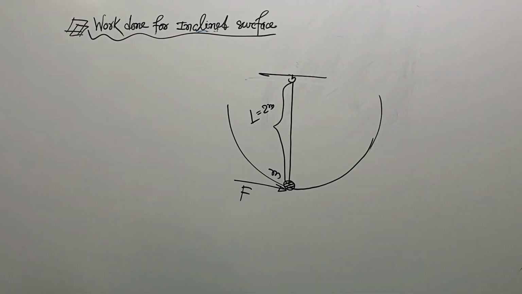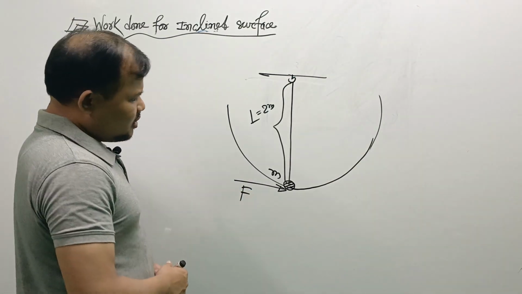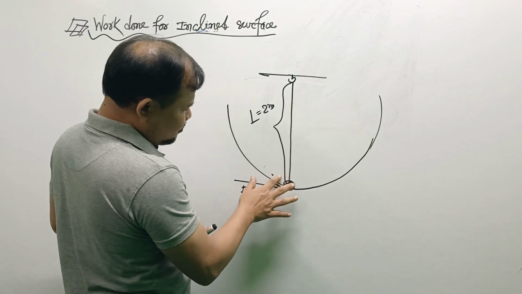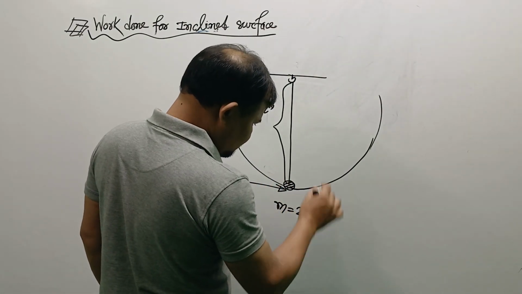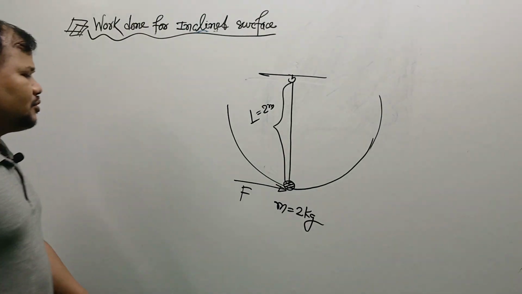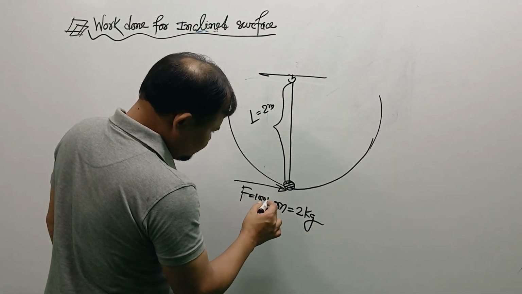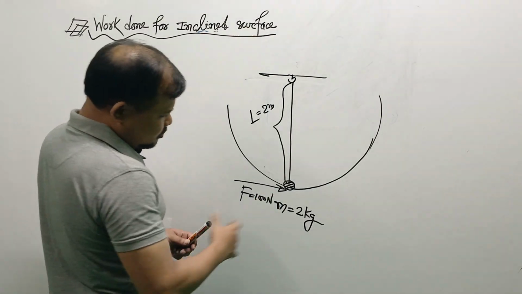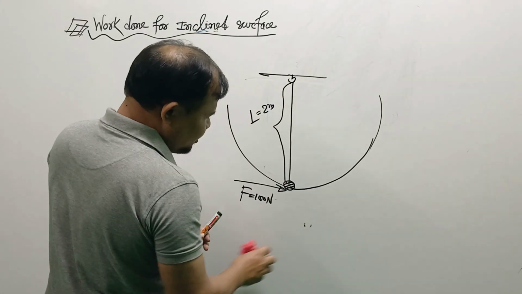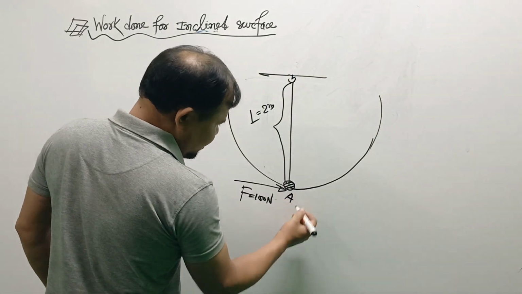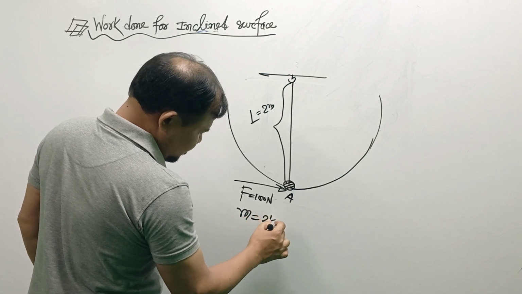Because of applying force in this direction, the mass of the bulb is suppose 2 kg, and the force is 100 Newton. Suppose this is the point A and mass is 2 kg.